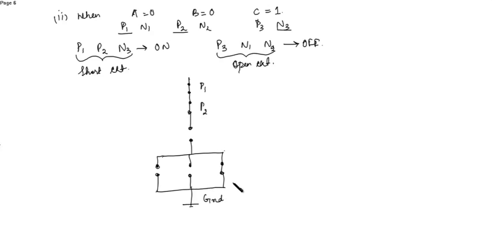This is ground. P1, P2, P3, N1, N2, N3. This is the output Z.